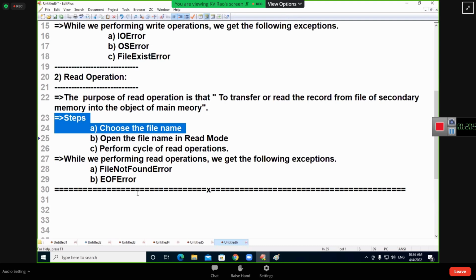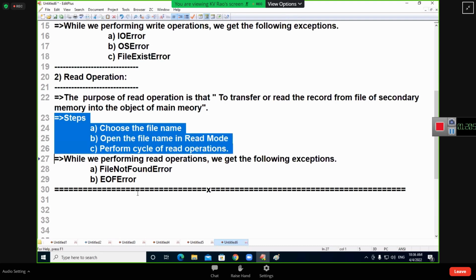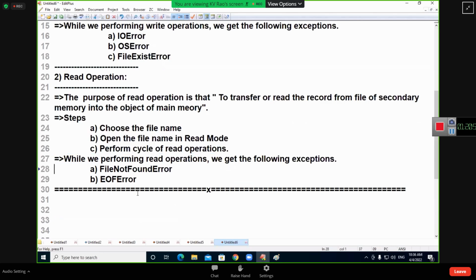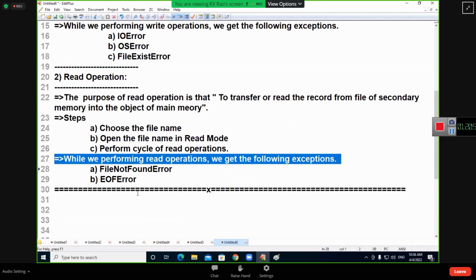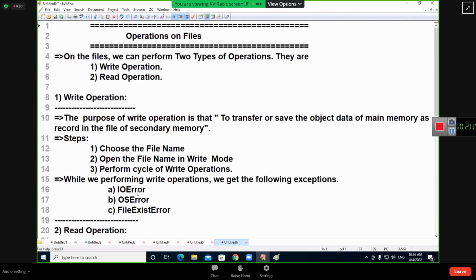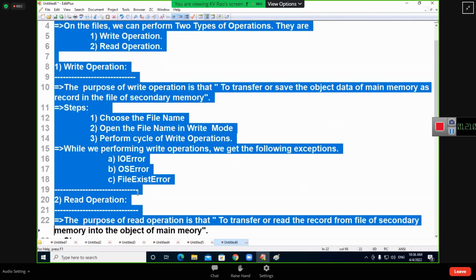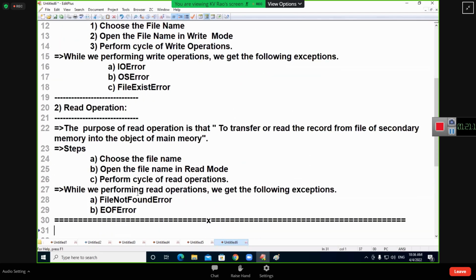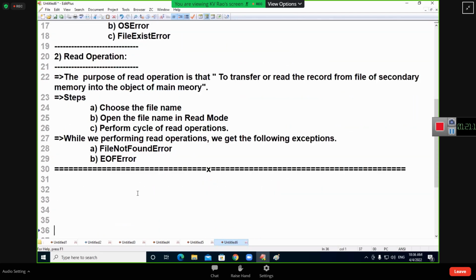Choose the file name, open the file name in read mode, cycle of read operation. While we are performing read operation, we get the following exceptions: file not found error, EOF error. This is called operations on files.